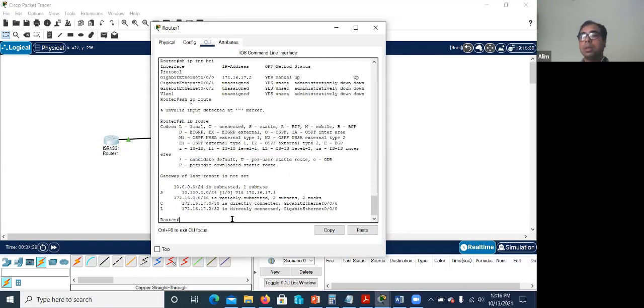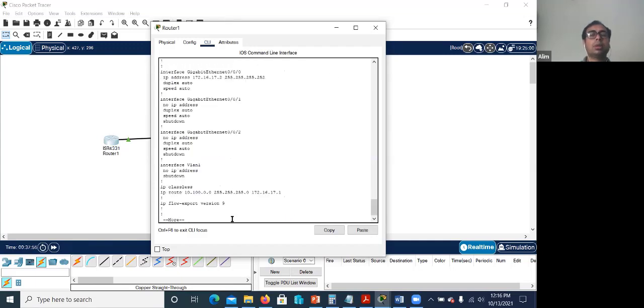So show IP route, you can see, but I want to remove the command. So show running config, we are getting the running command, which we will look at in the router. It is in class here, right? Okay, we will remove this command, right?